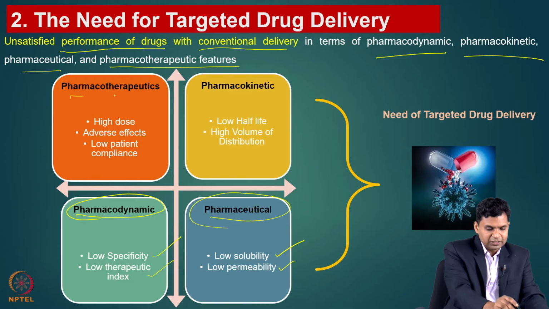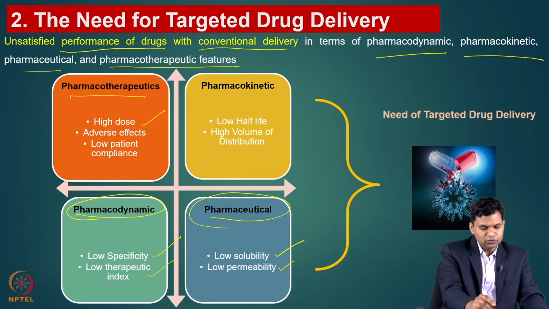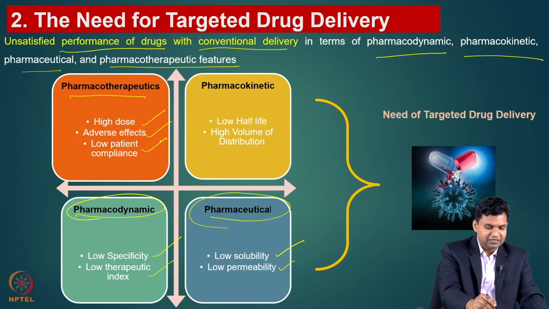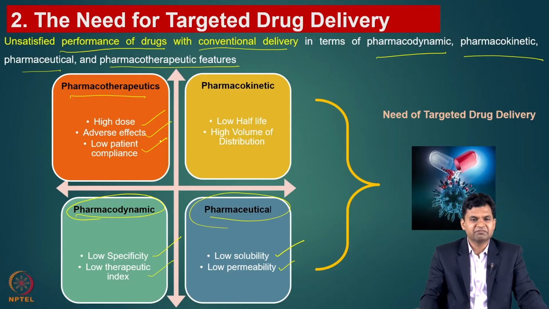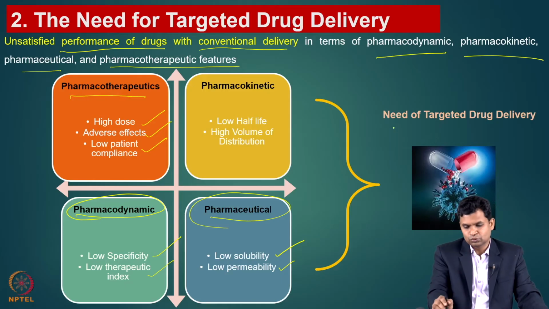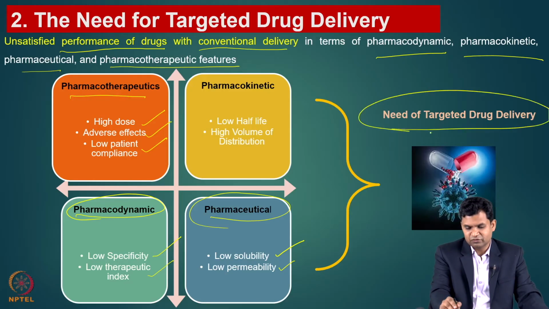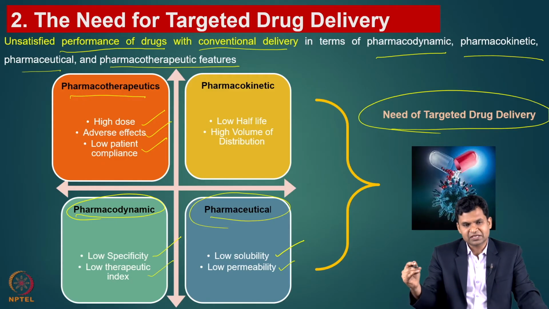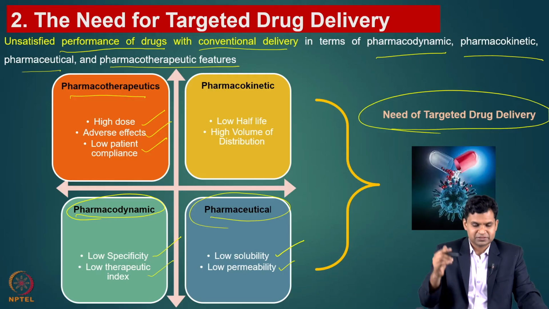In pharmacotherapeutics, a high dose is required, and when you use a high dose it leads to adverse effects, and definitely patient compliance is very low. When you translate your medicines from conventional to targeted delivery, you can reduce the dose, reduce adverse reactions, and improve patient compliance.